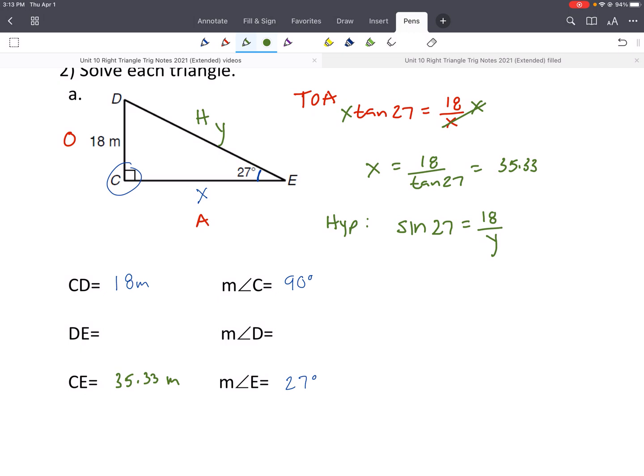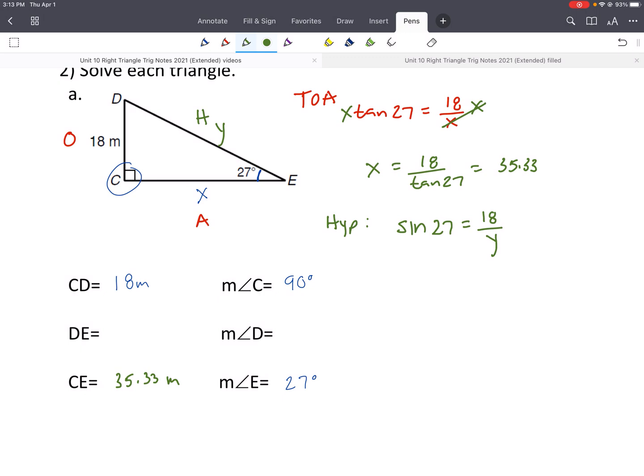It's always a really good idea when we're trying to solve a missing side to always use the side that's given. Because if you were to use this side to solve, you're rounding, which means we'll round again, and you'll just propagate that error. So always use the sides that are given as much as we can.